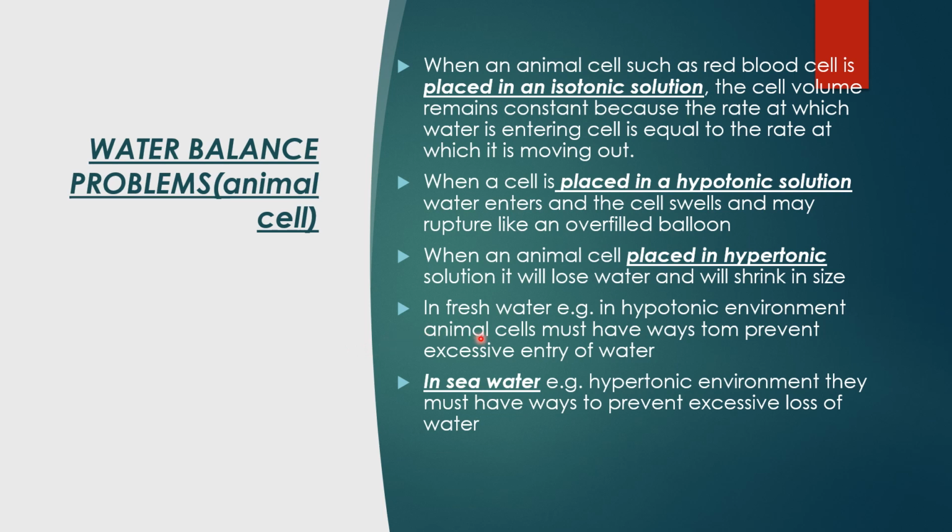In fresh water, for example a hypotonic environment, animal cells must have ways to prevent excessive entry of water. In seawater, for example a hypertonic environment, they must have ways to prevent excessive loss of water.